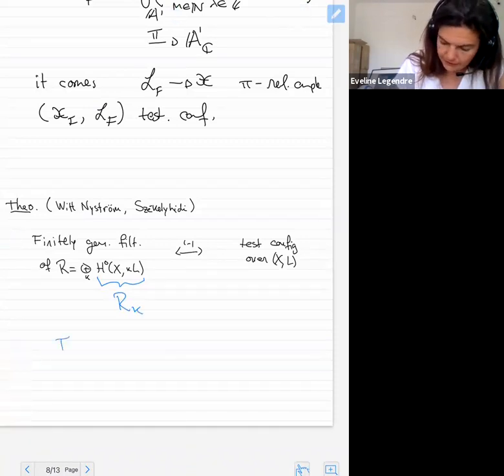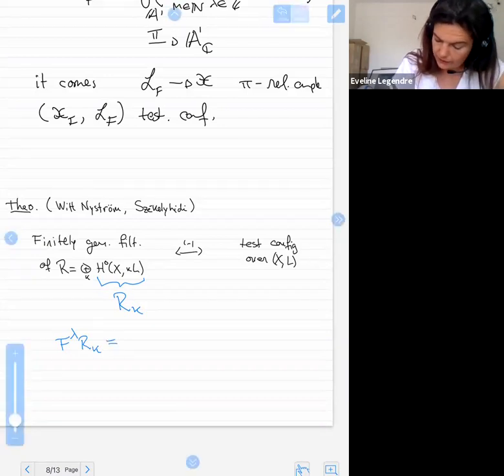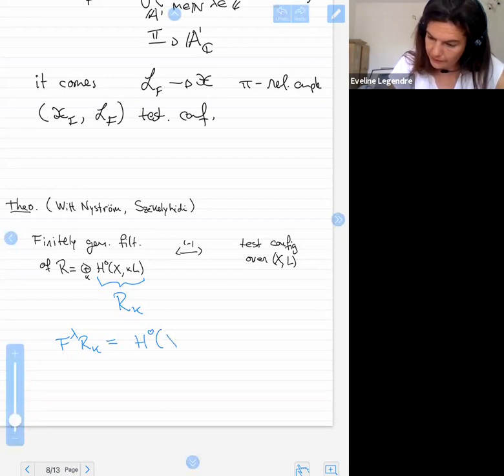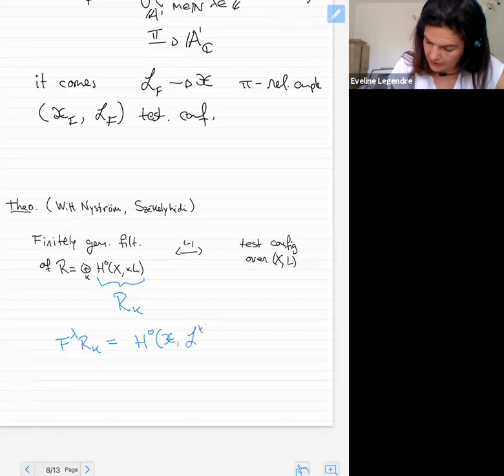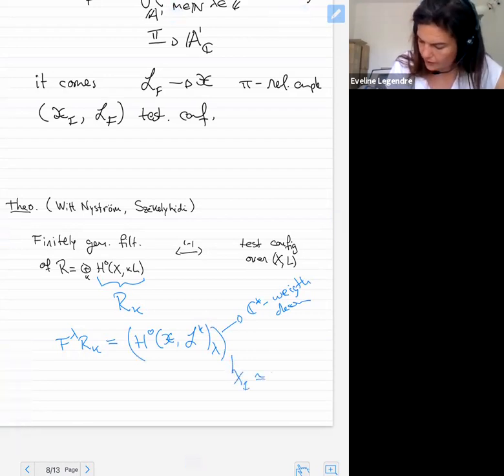and the filtration, if you want to see it a bit more geometrically, you can define it this way. The subspace given by the filtration will be the space of sections over the test configuration with the section in K. So you have a decomposition into weight spaces, and then you restrict to x1, which actually corresponds to x.